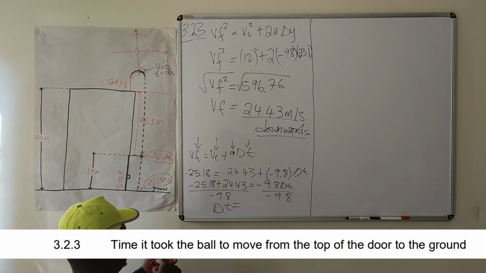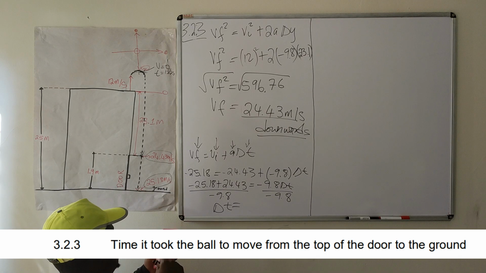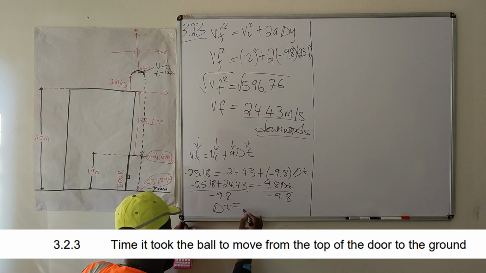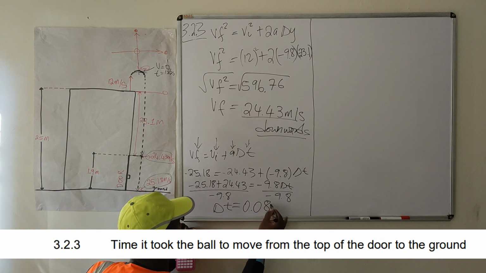Just punch this: minus 25.18 plus 24.43 over negative 9.8. This is equal to 0.08 seconds.